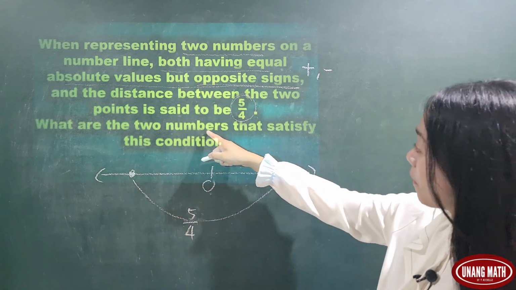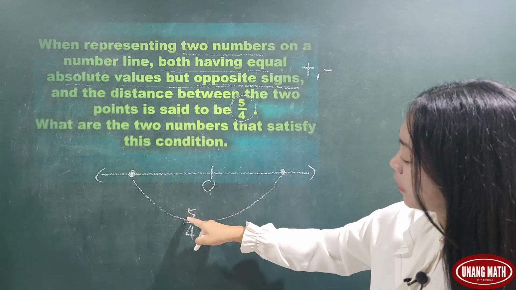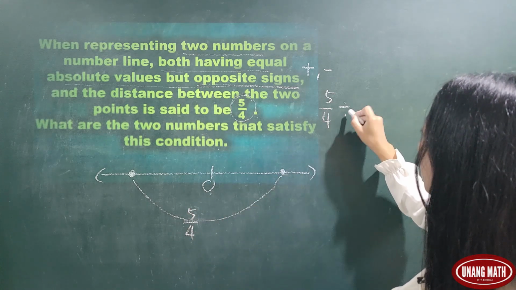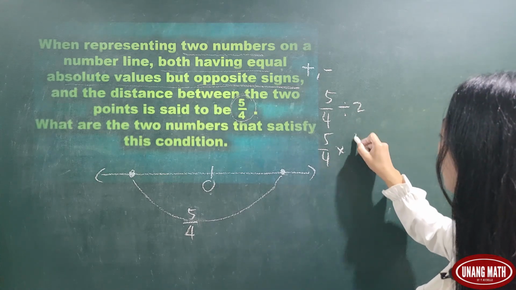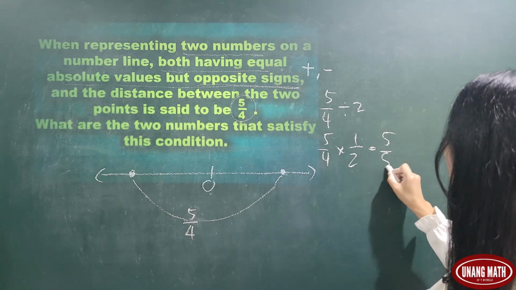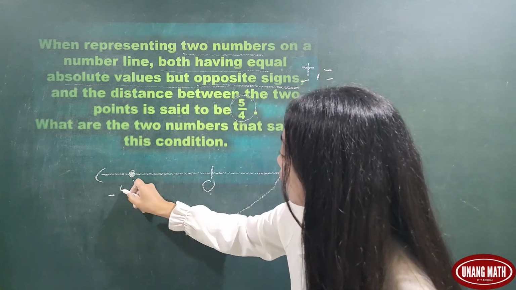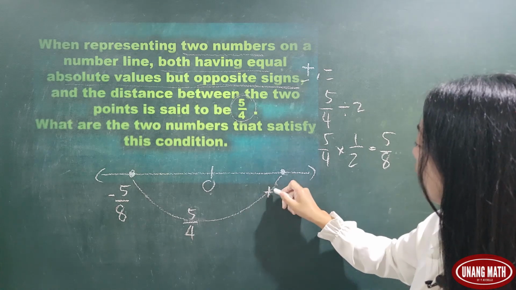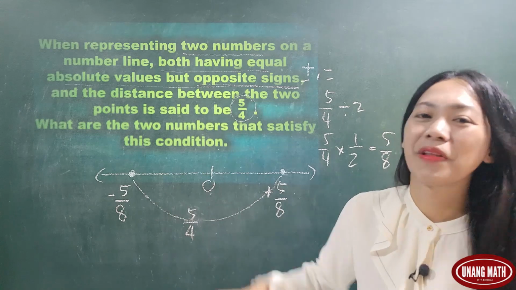So what are the two numbers that will satisfy this condition? What we need to do is divide 5 over 4 by 2. So this is 5 over 4 times 1/2. And the answer is 5 over 8. Positive and negative numbers. So we have negative 5 over 8 and positive 5 over 8. So these are the two numbers.